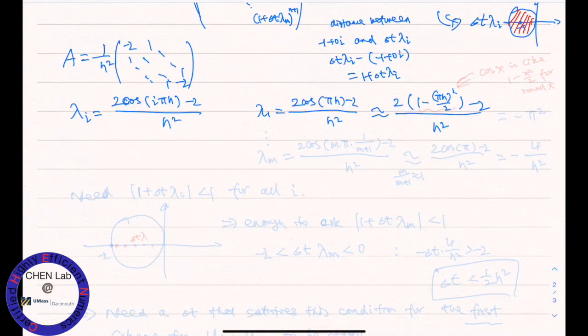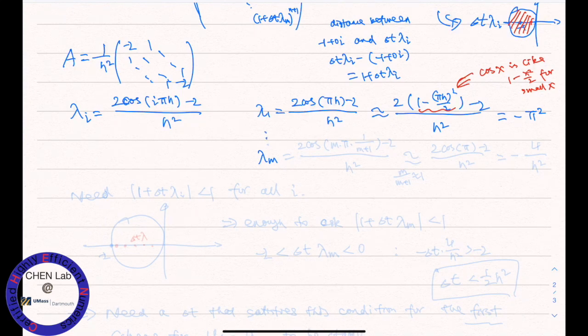The reason is that cosine x is like 1 minus x squared over 2 for small x. That's the Taylor expansion: you take the first two terms of cosine x, which is 1 minus x squared over 2. So if you simplify this, you get minus pi squared.